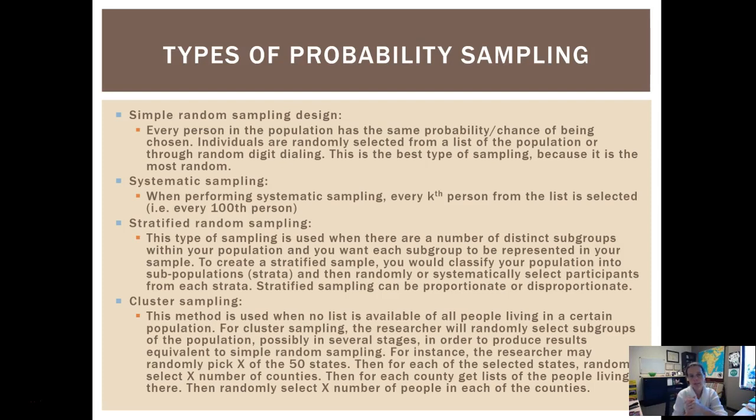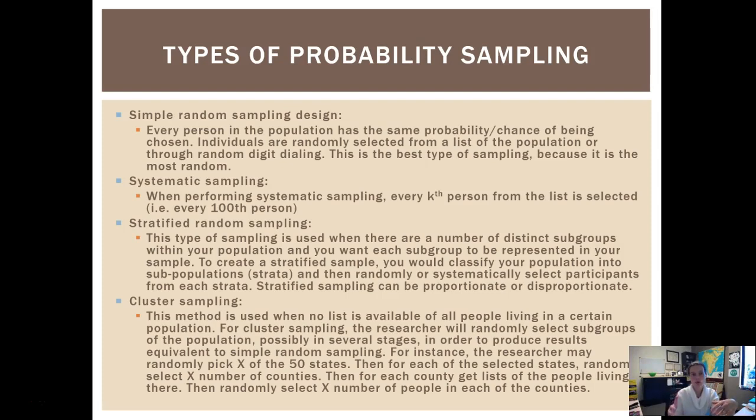So simple random sampling is probably the best type of sampling you could use because it is the most random. With simple random sampling, every single person in your population has the same probability or chance of being chosen. So in this case, what happens is you would have a list of the entire population, and people would be randomly selected off of that list.